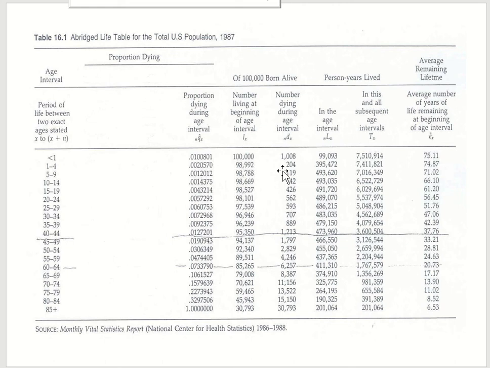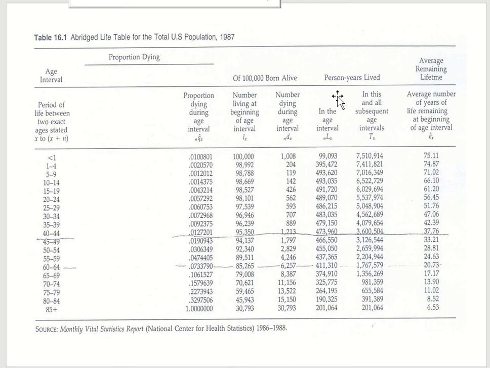During that interval, 204 died. This means how many will survive to the next interval? You just do 98,992 minus those that died, you get the 98,788. So out of the 98,788, those that now reach the age of 5, how many will die within the age of 5 to 9, and so on and so forth till you finish the column.